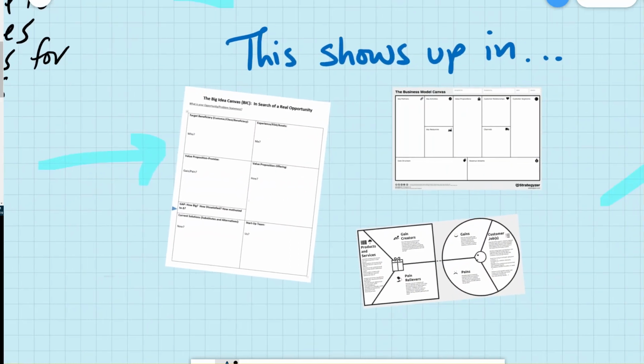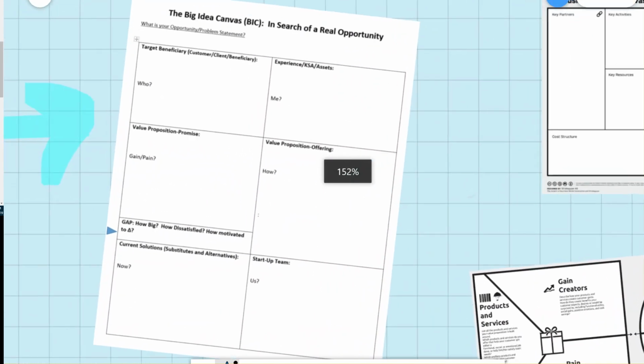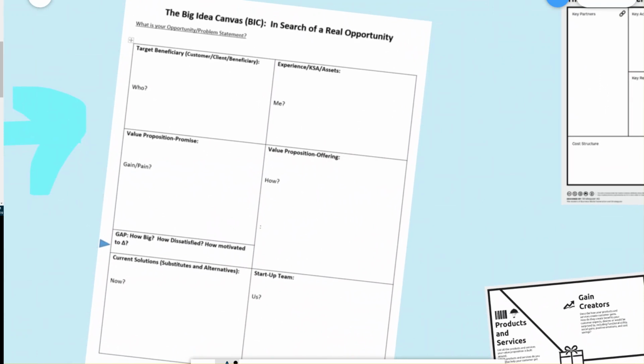This all shows up in our primary sets of tools. It shows up in the big idea canvas, and it shows up very clearly here because we have down at the bottom current solutions or substitutes and alternatives. And what we're trying to understand there is, for the pain or gain that the person has, how are they trying to solve that now?